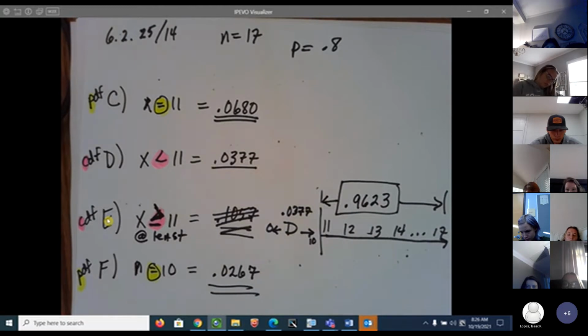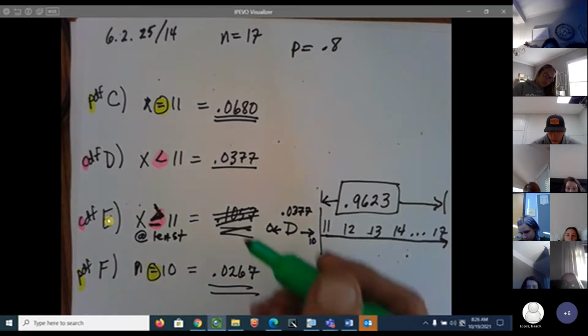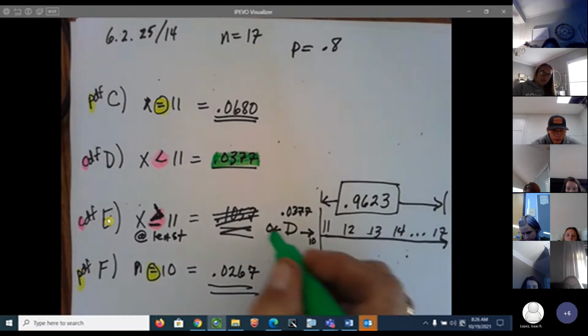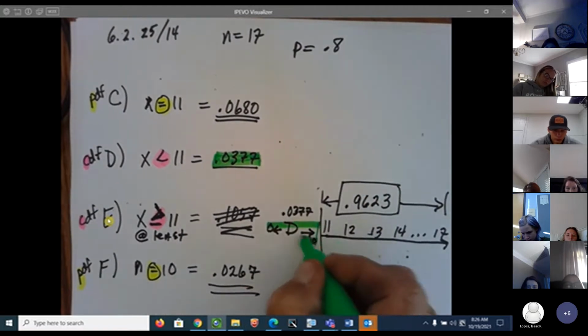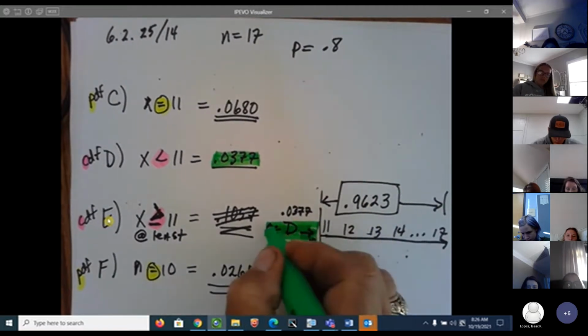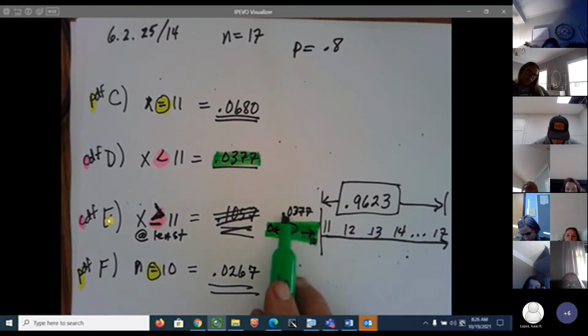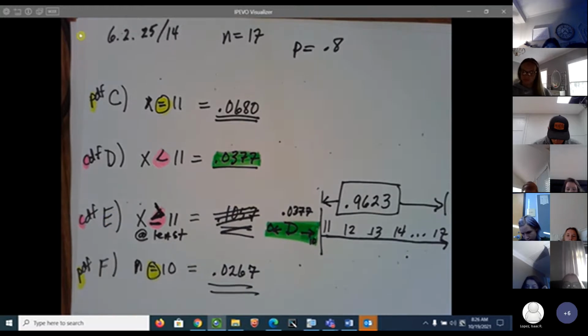So between 11 and 17 flights, 96% are going to be on time. And I'm just going to take this green right here, and that 0.0377 represents 0 through 10. So if I want to find 11 through 17, I just subtract that from 1, use the complement.